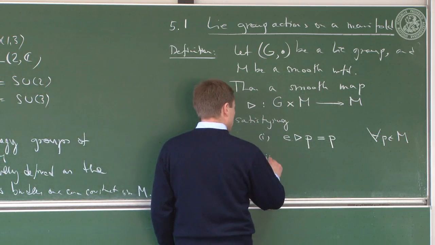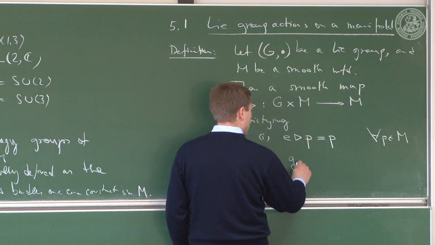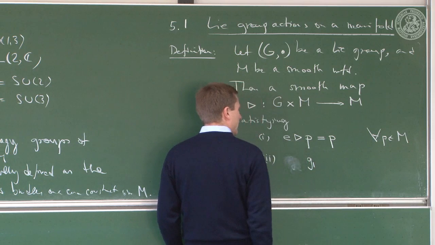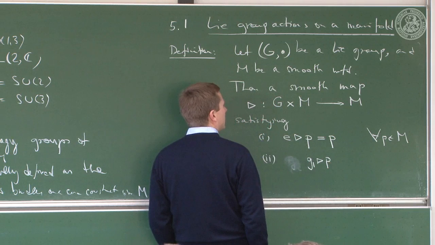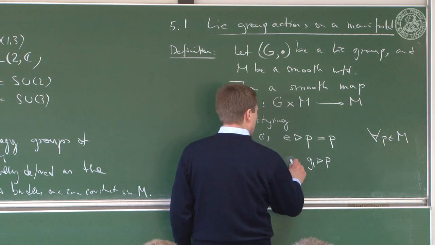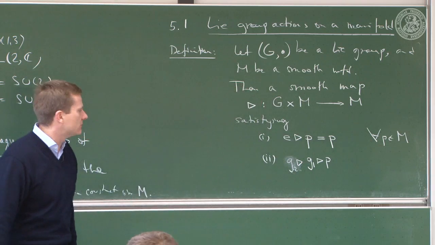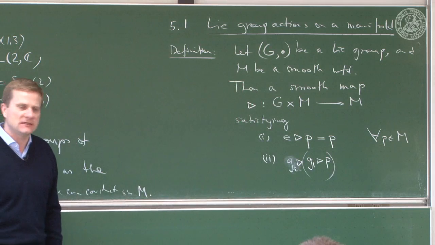And the second property is that if you act with some group element G1 on P, then you get back an element of the manifold, and then you can act again with an element G2 on the result. You may feel more comfortable having the brackets, but you don't need them if you read this.